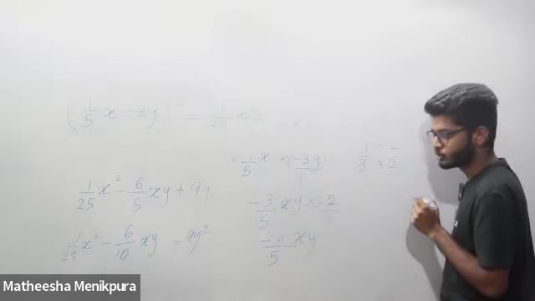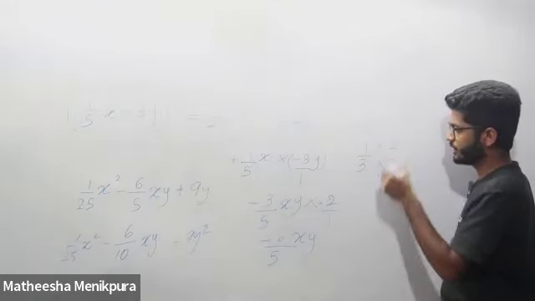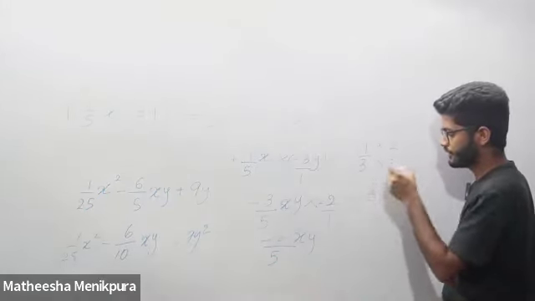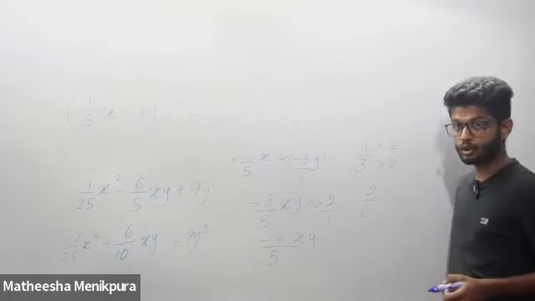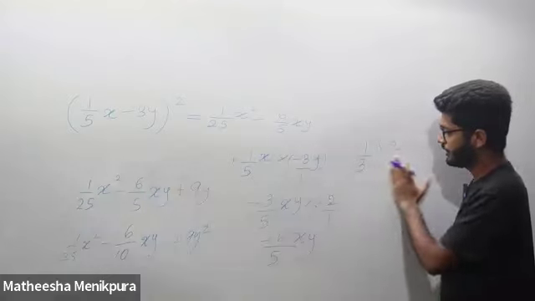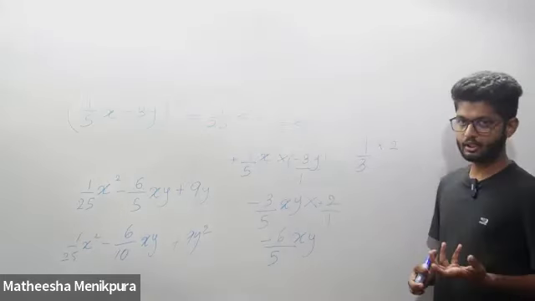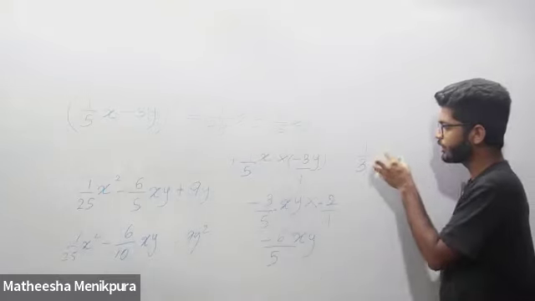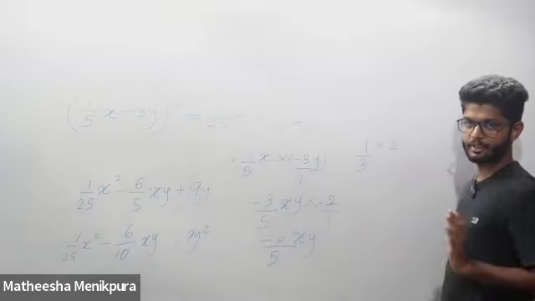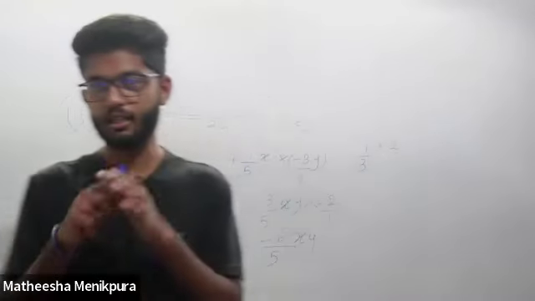So here the answer is 1 times 2, 2; 3 times 2, 6; so 2 over 6. But when we are multiplying the numerator, no need to multiply the denominator by the same thing. Keep this in your mind.